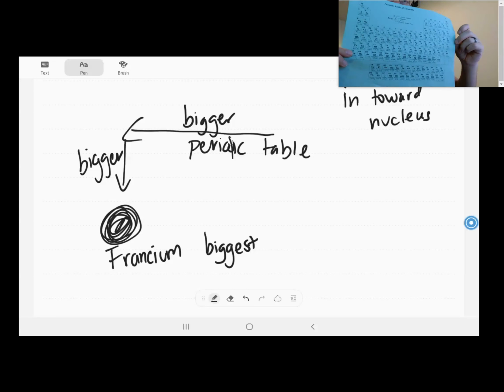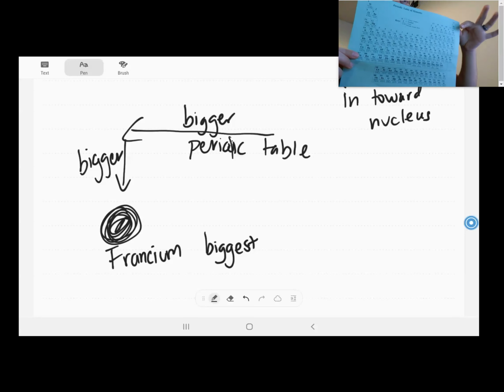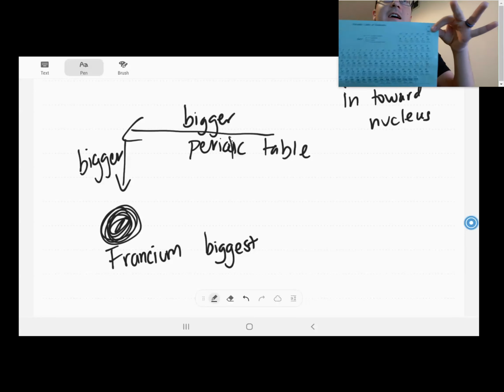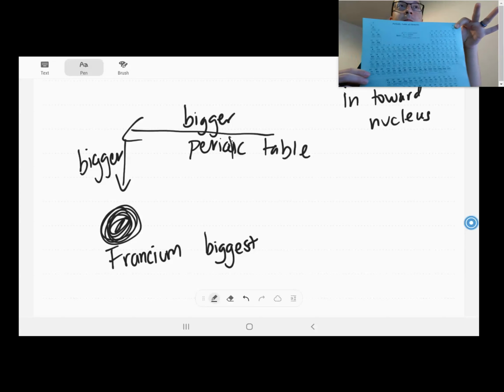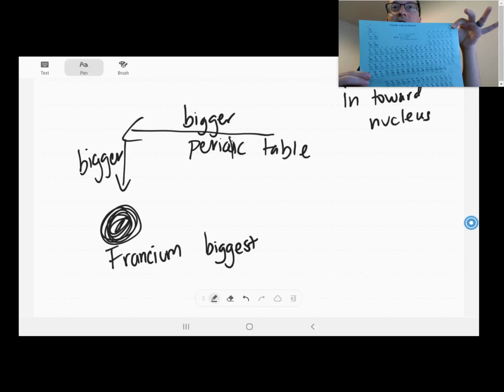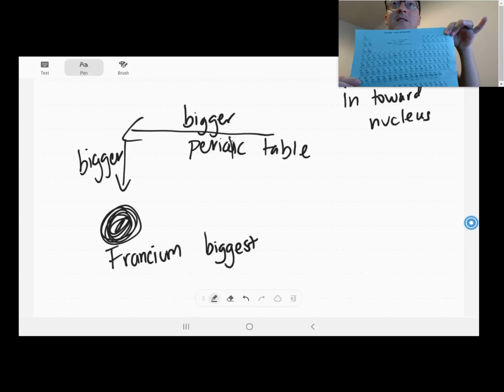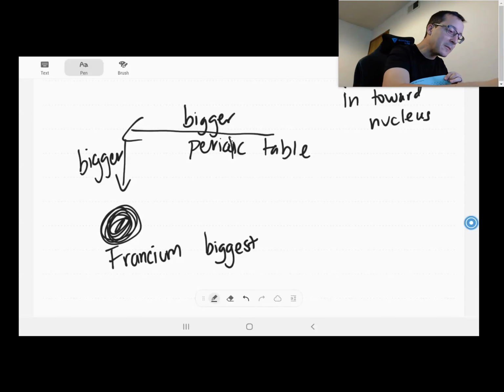Alright, conversely, the smallest element is going to be at the opposite side. Smallest element should be helium. Absolutely right, Zoe. Very good. So biggest is francium, and the smallest one is going to be helium. So helium is just going to be this little dot. Helium is smallest.